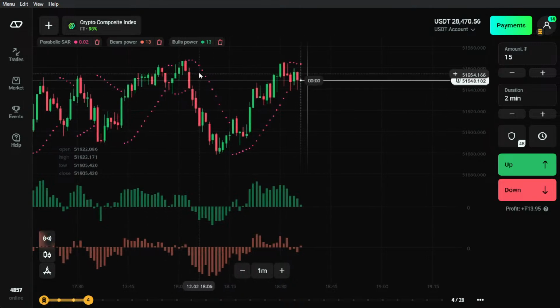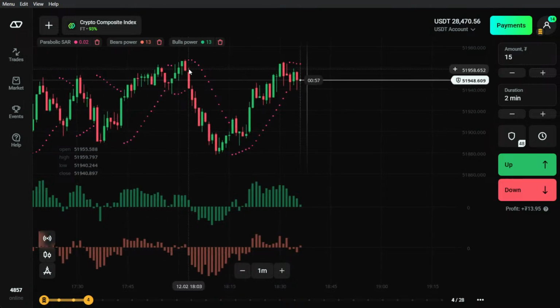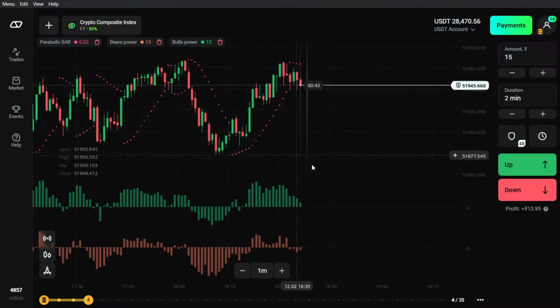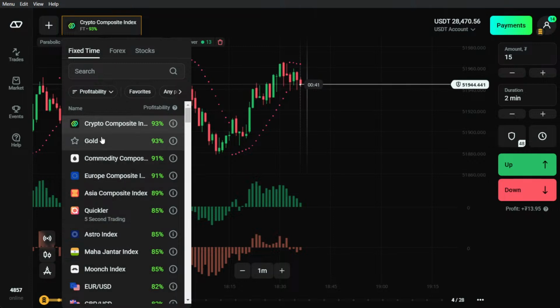In the same way, when you see that the bear power is stronger, the bear power is below the zero line, the color of the candle is red, parabolic is above the candle, we make a 2 to 3 minutes down trade. We will understand this more when we start actually making a trade.